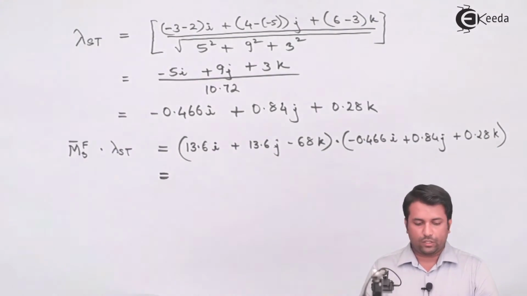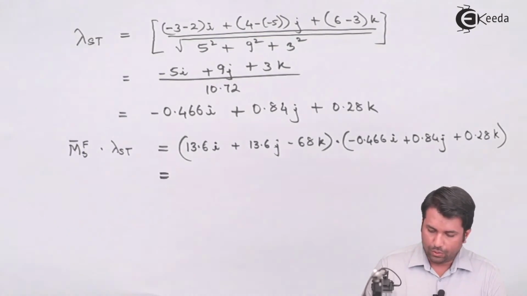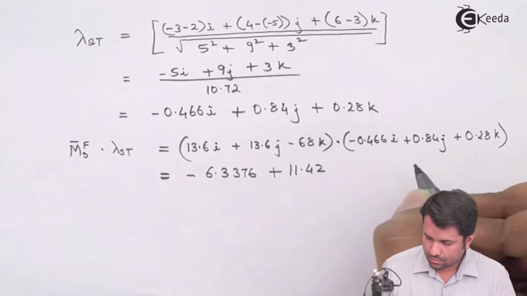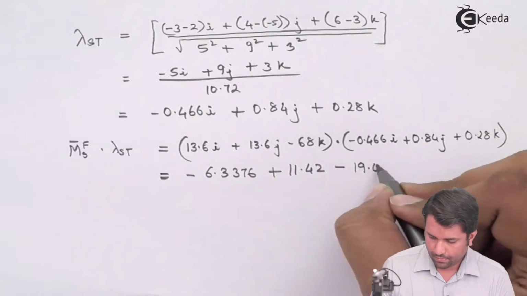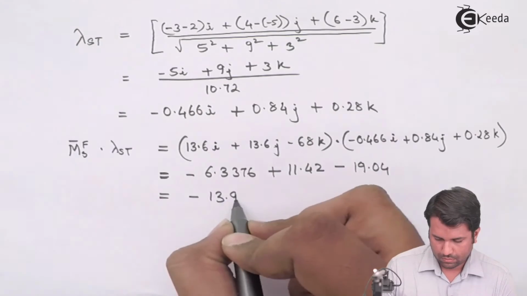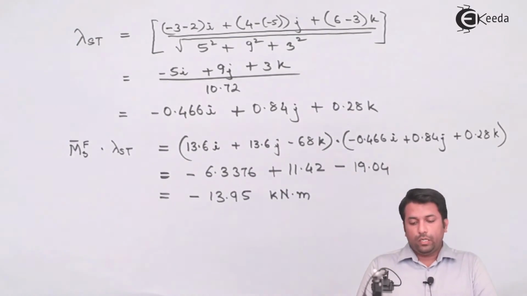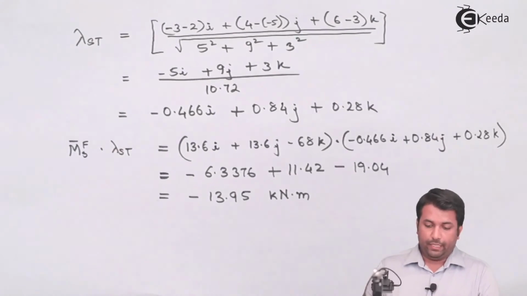Taking the dot product of this will give me the magnitude. This is the magnitude that I have got for my moment.